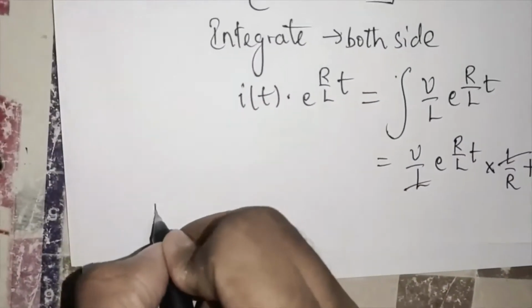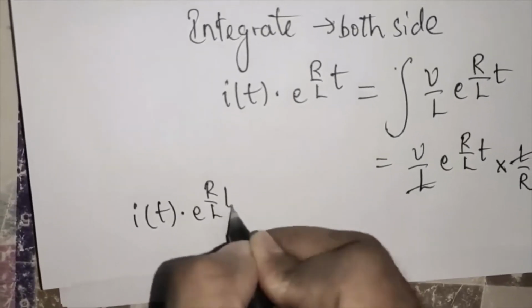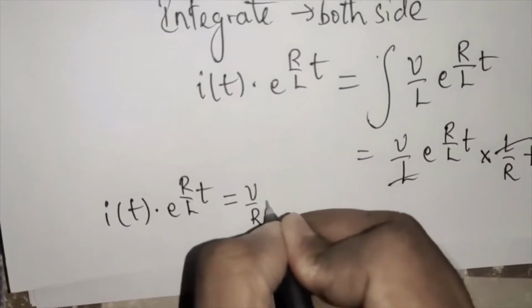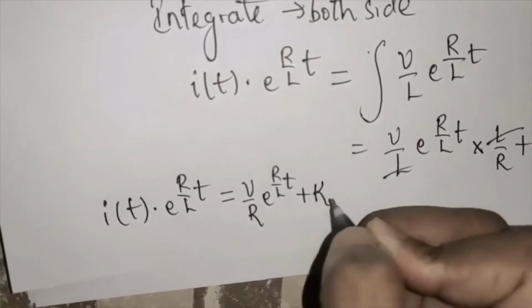So I of t into e power R by L into t is equal to V by R into e power R by L into t plus some constant k.